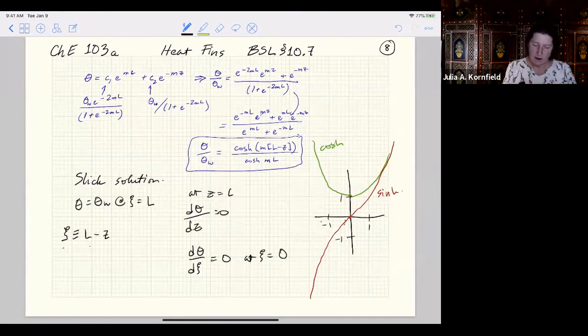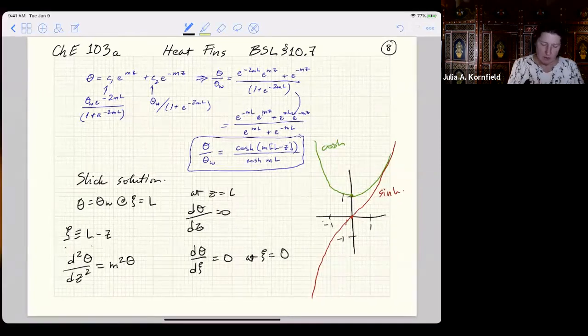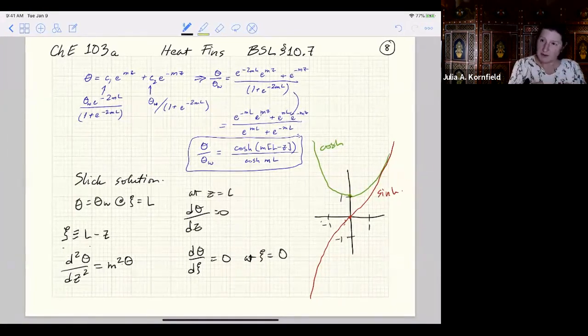This means that when we do our general solution, so we have theta is script C1 cosh. Am I glossing over something here? A little bit. Okay, here, let me go back. So in terms of z, our differential equation was d squared theta/dz squared equals m squared theta. If we do this change of variable, a single derivative would flip it to a minus sign.